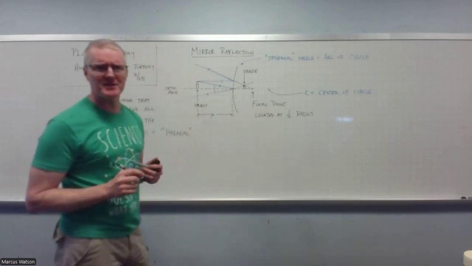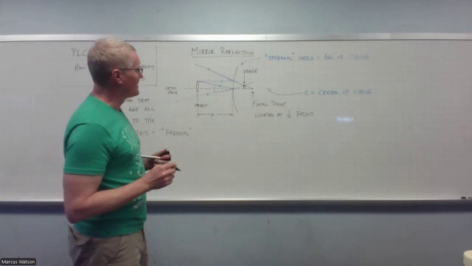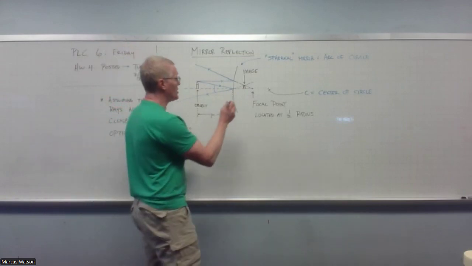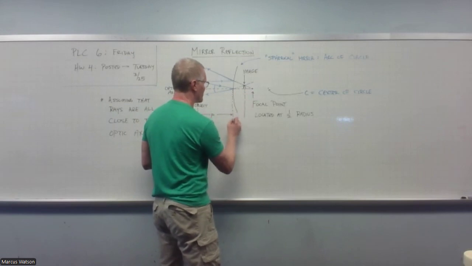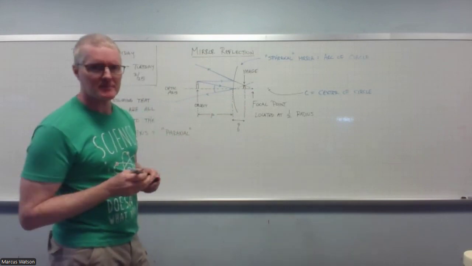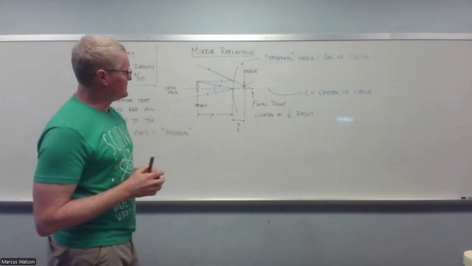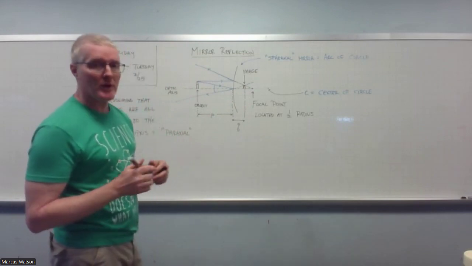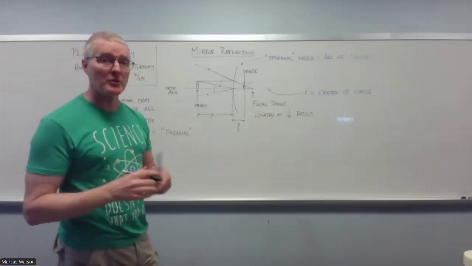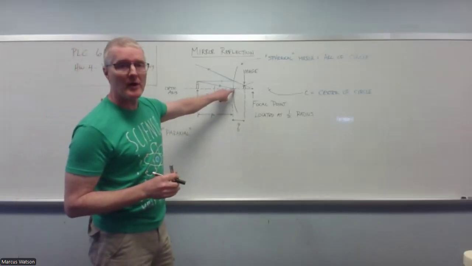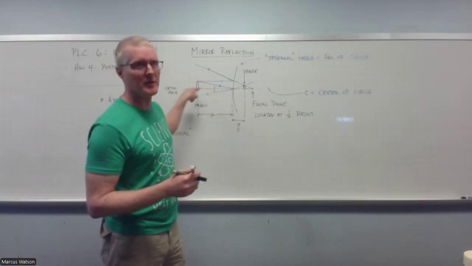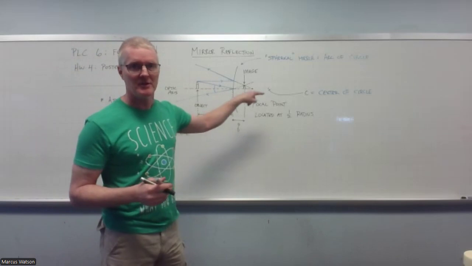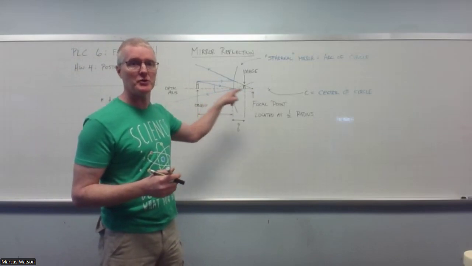That would be my object distance, which we call P. My image distance, which we're going to call Q, goes to the image here. That's Q. When we say it's the distance from the mirror, we are always talking about where the optic axis crosses the mirror. That's the point where we're measuring P and Q from.